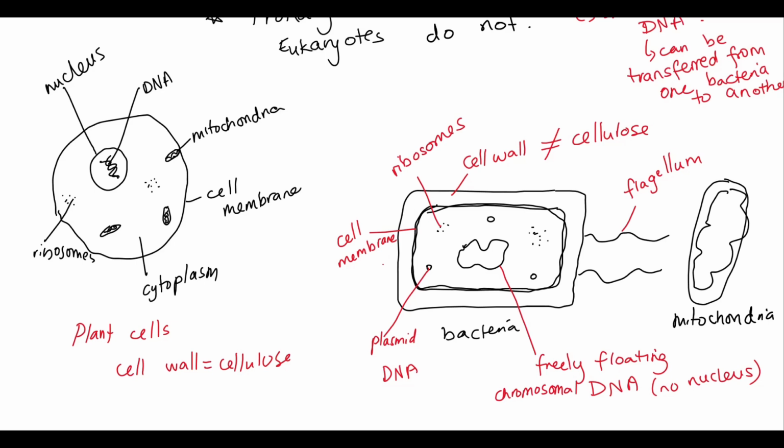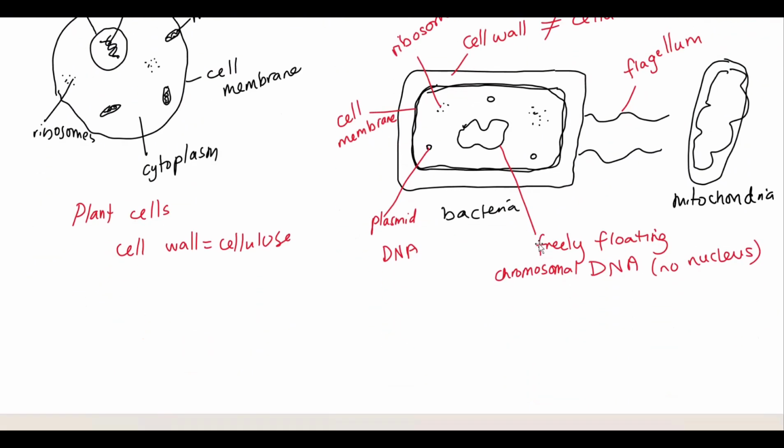One of the key questions that they would ask you is how we know that this mitochondria used to be a freely living bacteria. So they might ask you to give two pieces of evidence to suggest that the mitochondria and the chloroplast were bacteria millions of years ago. So how do we know that?